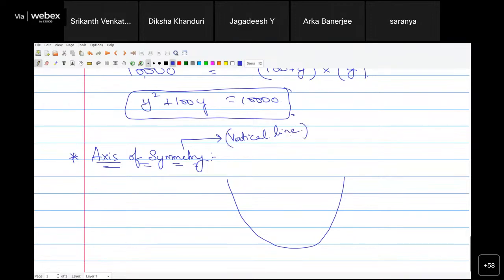With regards to that line, my parabola will be symmetric on both sides. Whatever graph I have on the right side will be symmetric to the left side. If you draw this graph on paper and fold along this red line, you can see the left side and the right side exactly match each other. So that is what the axis of symmetry is.